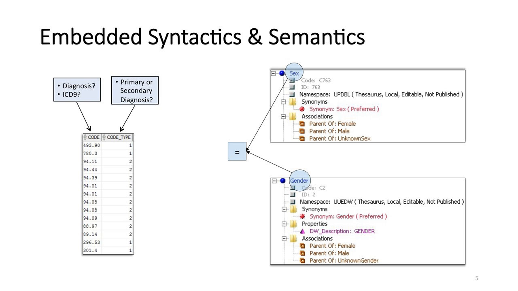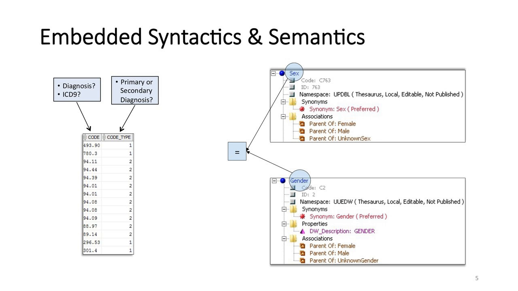When we look at these fields, based on the values, we could say that the first field is related to diagnosis, and based on the type of values, we could say they're ICD-9s based on our prior knowledge. If you look at the code type field, it has two distinct values.